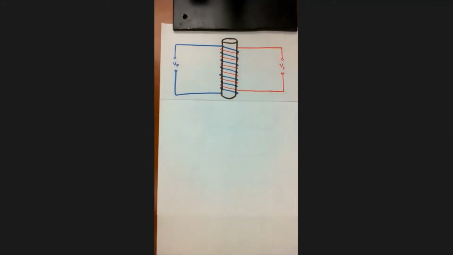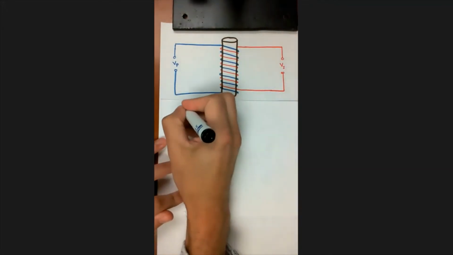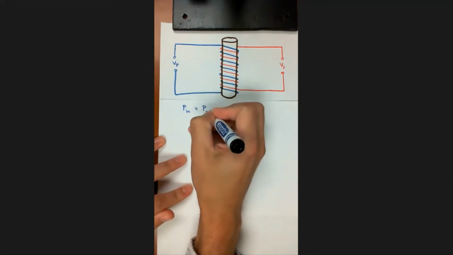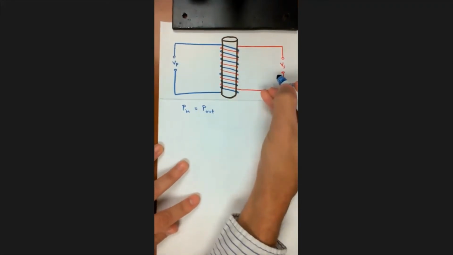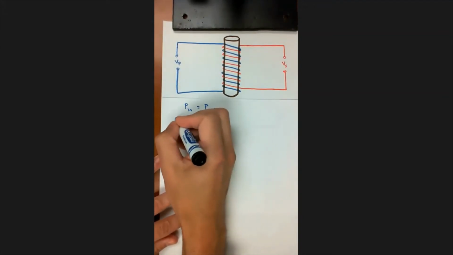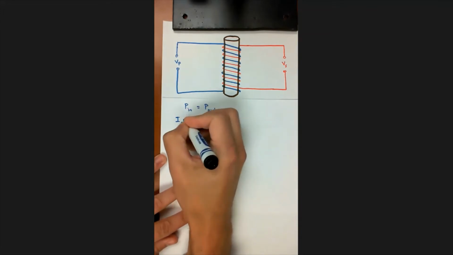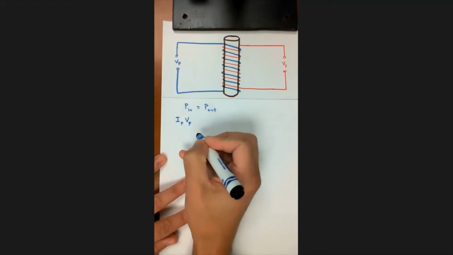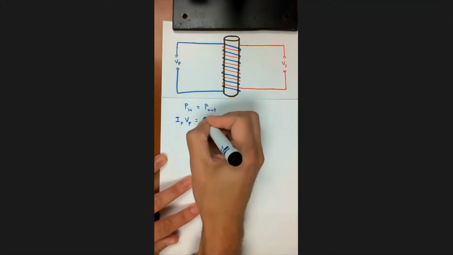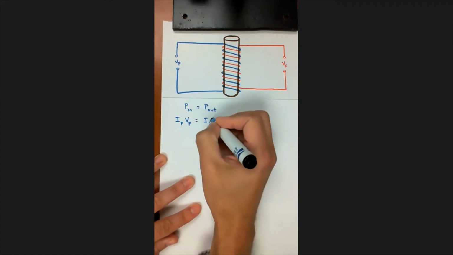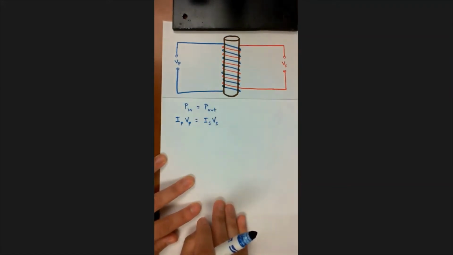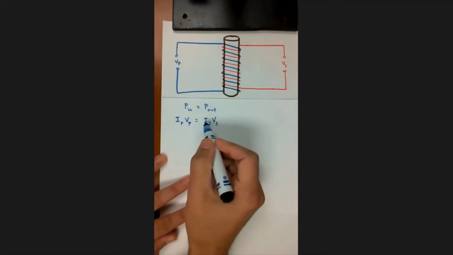So if the power in via the primary windings is equal to the power out via the secondary windings, we can further say that the power in is equal to the current through the primary windings times the voltage across the primary windings. That's equal to the power out, which is the current through the secondary windings times the voltage across the secondary windings. What I can do is a little bit of algebra on this.